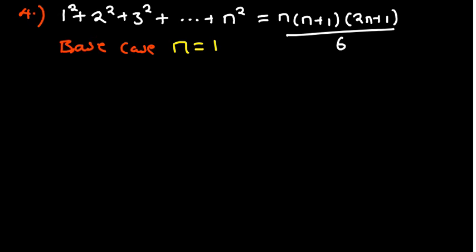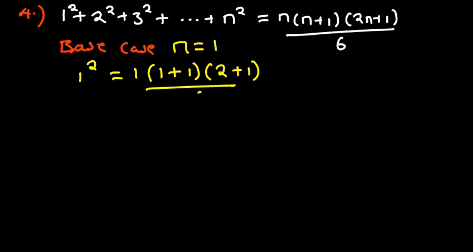So where n is equal to 1, you're just ending with 1 itself, so 1 squared. On the other part where there's n, you just put 1's, so 2n, which is also 2, over 6. So you have 1 is equal to 3 multiplied by 2, that is going to be 6, so you have a 1. So that is our base case.